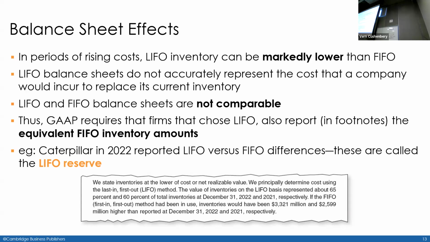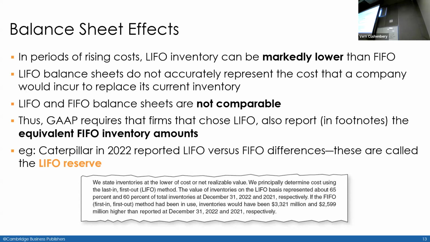The LIFO reserve is the accumulated difference over time between LIFO and FIFO. So you can think of that as all the profits we would have reported if we had been on the other inventory costing system. All the accumulated profits just sitting there in the LIFO reserve. It's not exactly right, because you have to tax it, but it's close.